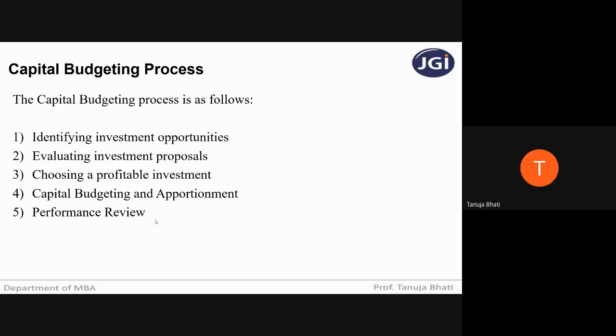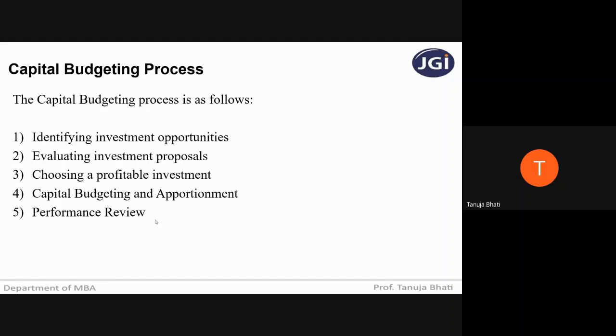So students, when you decide on a particular investment proposal, like in this example, we have to introduce a new product into the business line. When you are thinking about that, you expect that your product is going to work very well and you will have so much sales, and you arrive at a sales figure.